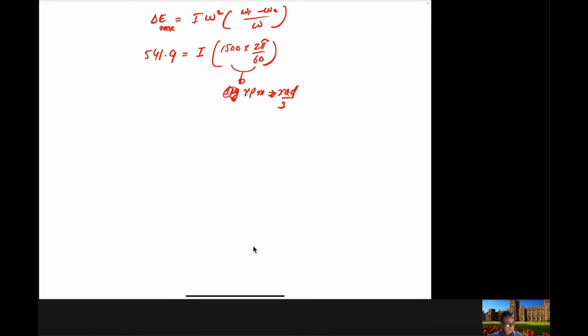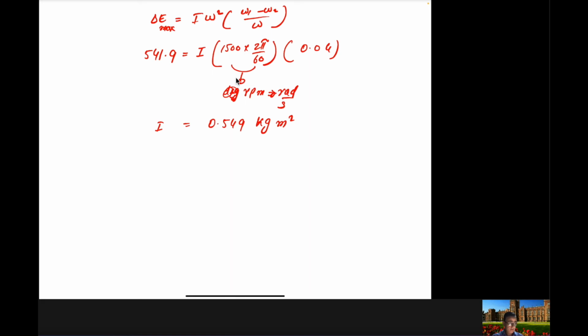And obviously we already know the value of omega 1 minus omega 2 divided by omega, which is 0.04 here. So if you do the calculation from here, we will get I, which is equal to 0.549 kilogram meter square.